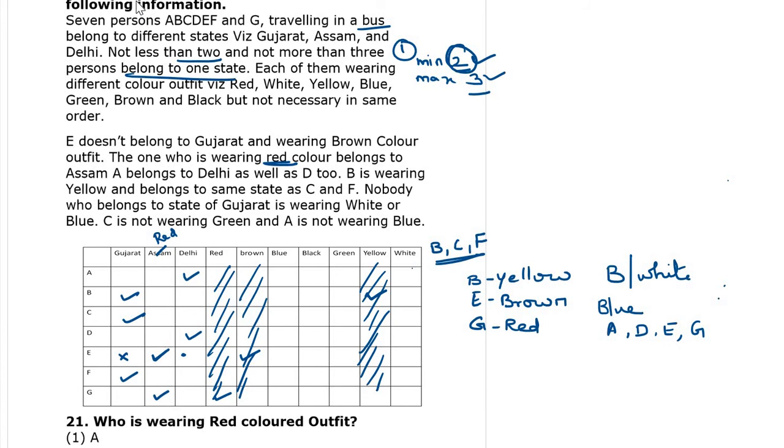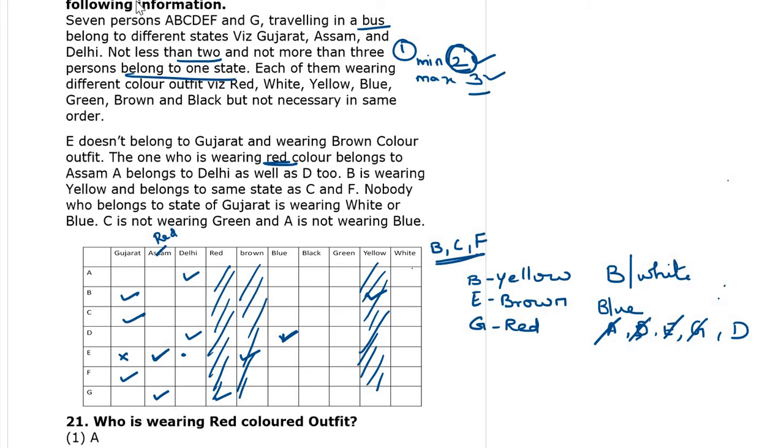A is not wearing blue. D is also not wearing. G is also not. So it must be D. D must wear blue. Okay. D must wear blue. Blue color is D. Okay.